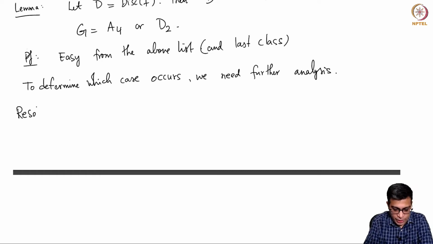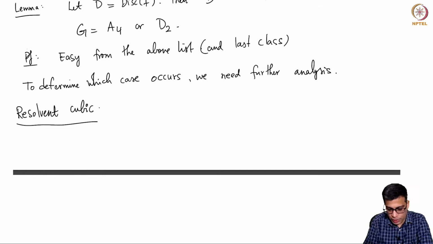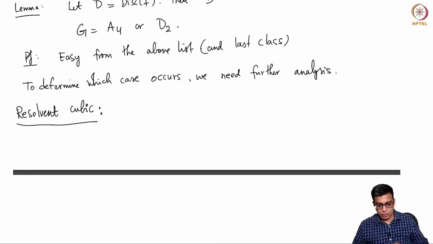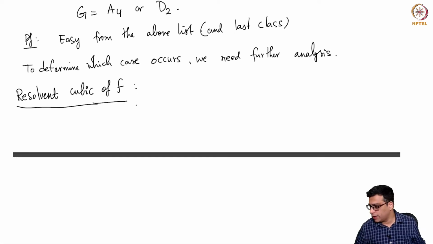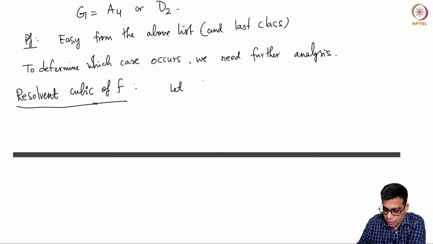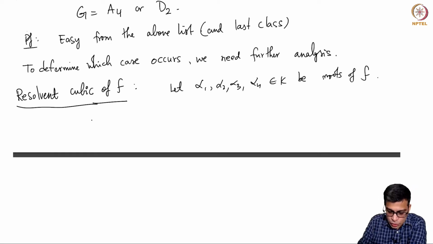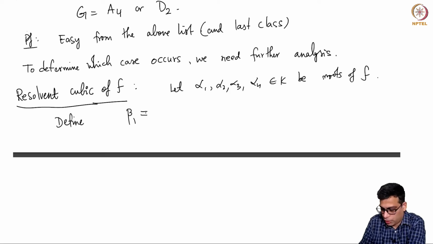Okay, so I am going to define a very important cubic polynomial attached to a quartic polynomial. So a degree 4 polynomial leads to something called the resolvent cubic. So let alpha 1, alpha 2, alpha 3, alpha 4, I mean this I noted, but I am going to recall, be roots of F. So I am going to define 3 new elements in K, beta 1 to beta 3.